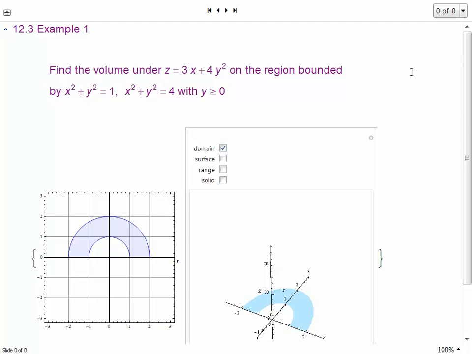All right, so let's take a look at this problem.